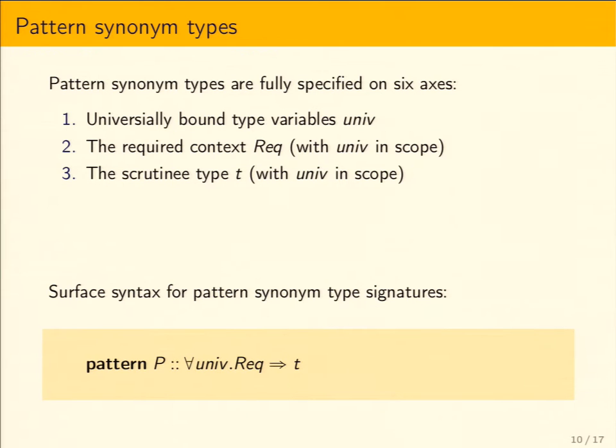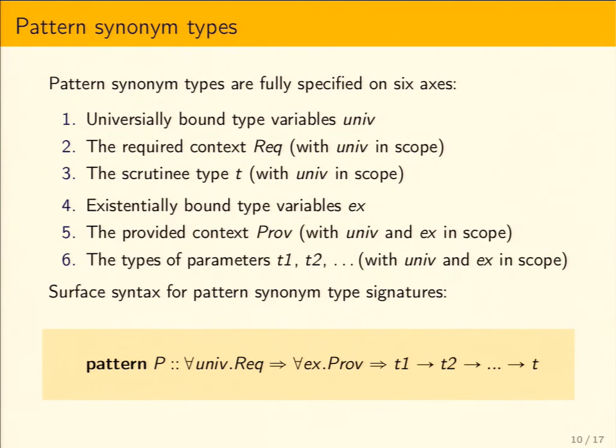You can think of this as the outside view or the match-oriented view of it. And then you have the existentially bound type variables, the provided context, and the types of the parameters. The first 3 are with only the universally bound type variables in scope, and the other 3 are with both the universally and the existentially bound type variables in scope.